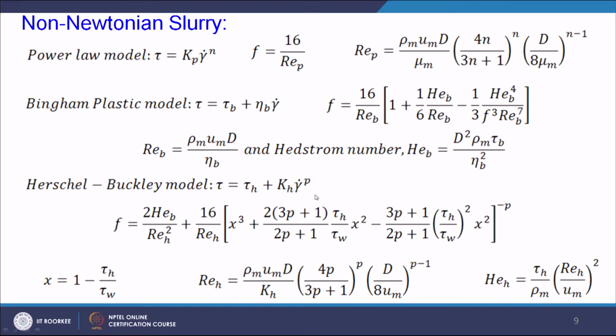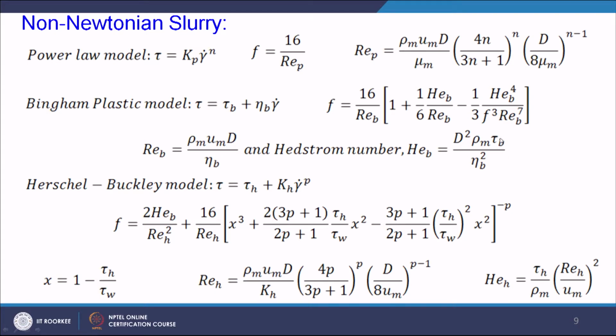So, if we put all these things in the previous integration whatever I have shown you, ultimately you will be getting that this f is nothing but 16 by Reb into this non-dimensional number ratio, where you see we are having your Hedstrom number and Reynolds number over here into picture.